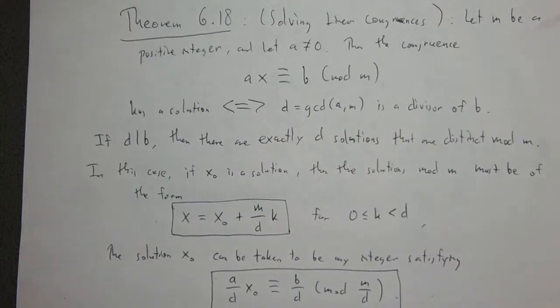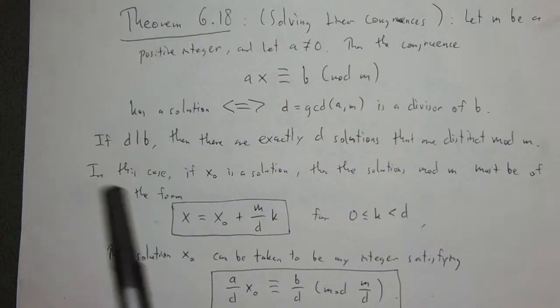Okay, and so looking at this, whenever you're solving a thing, it's always nice to know when you are in the unique case, right? The case of having a unique solution. So in this case, that means unique mod m, right? And so the particular special case that comes up very frequently, by far the most frequent of any special case of this theorem, is when d is equal to 1. It's when a and m are relatively prime.